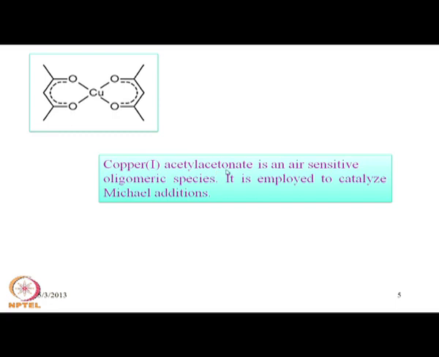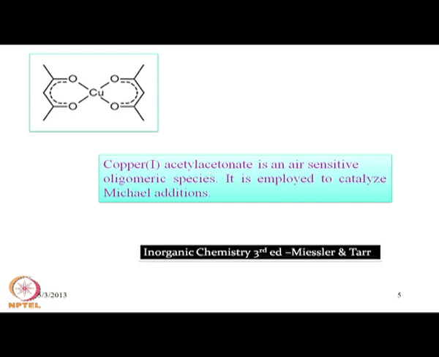Copper acetylacetonate is not easy to make, because it is air sensitive and an oligomeric species, having several units within the same molecular fragment. In organic chemistry it is a very useful reagent for Michael addition reactions. For these organic transformations, in a single pot we add a copper 1 salt, any copper 1 starting material, and acetylacetone as the ligand, but the most reactive species is the copper 1 acetylacetonate compound.